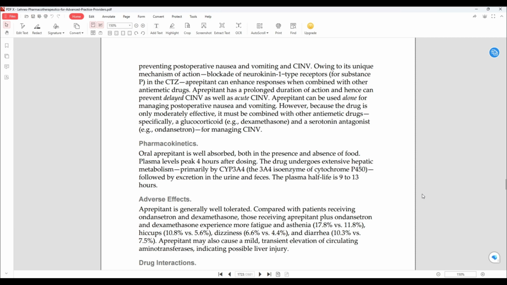Aprepitant has a prolonged duration of action and hence can prevent delayed CINV as well as acute CINV. Aprepitant can be used alone for managing postoperative nausea and vomiting. However, because the drug is only moderately effective, it must be combined with other antiemetic drugs, specifically a glucocorticoid, dexamethasone, and a serotonin antagonist, Zofran, for managing CINV.